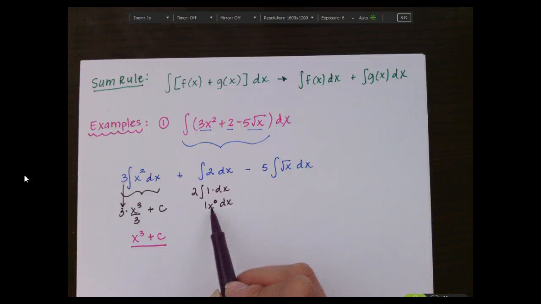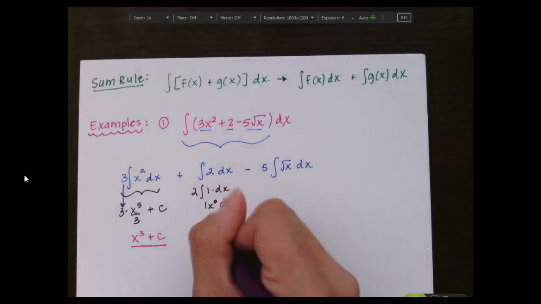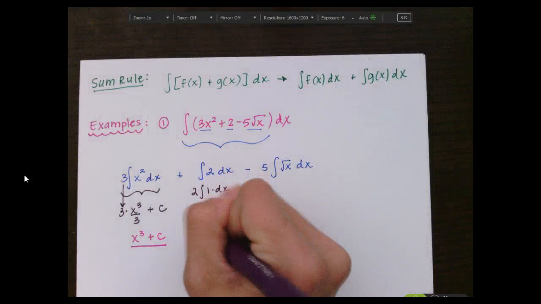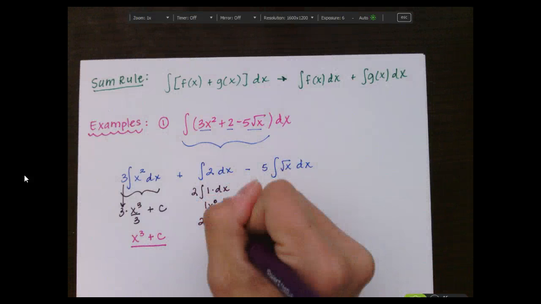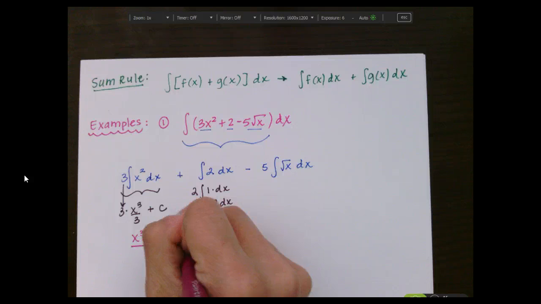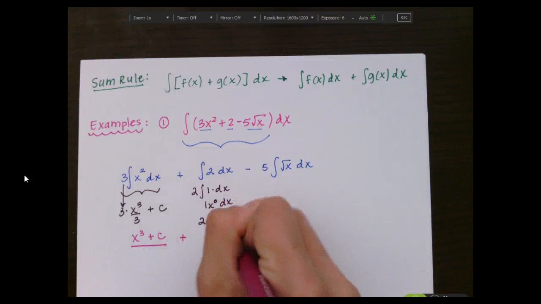And so you can still use that same power rule idea, adding 1 and dividing by 1. And so you get x. Now don't forget to multiply it by 2, and then of course add c. So my second term is 2x plus c.